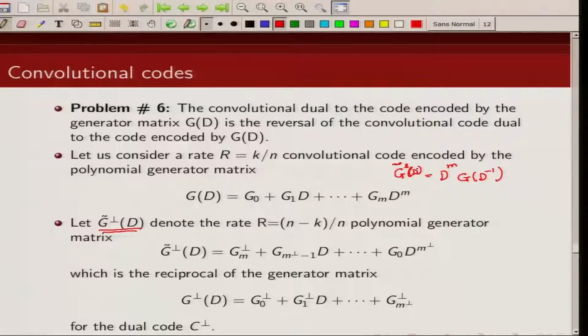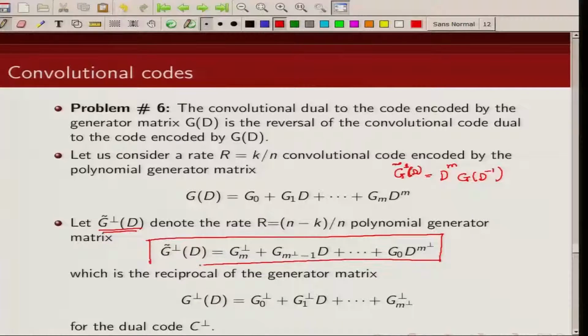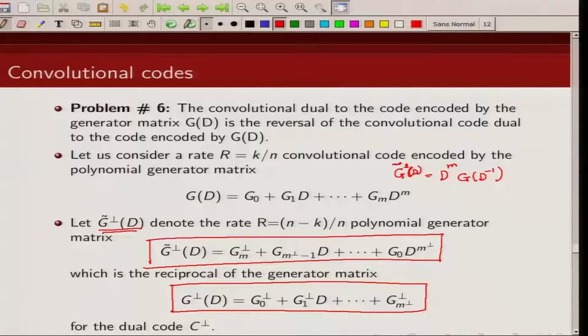Now, what I have shown you here is the reciprocal of the generator matrix for the dual. This is the generator matrix of the dual code and this is the reciprocal of the generator matrix of the dual code. Now, note we have to show that the convolutional dual to the code encoded by G(D) is nothing but reversal of the convolutional code dual coded by G(D).